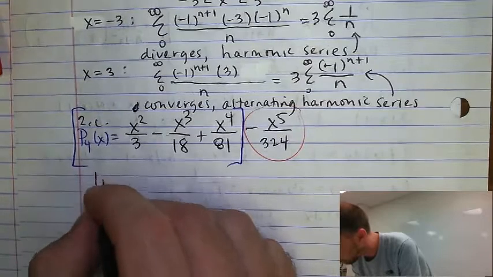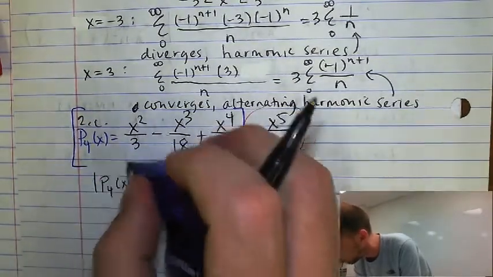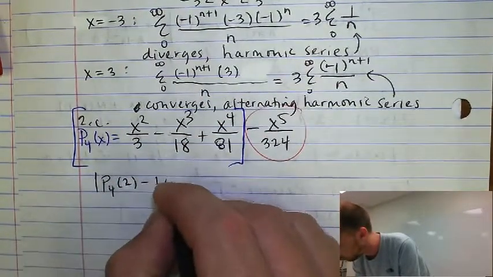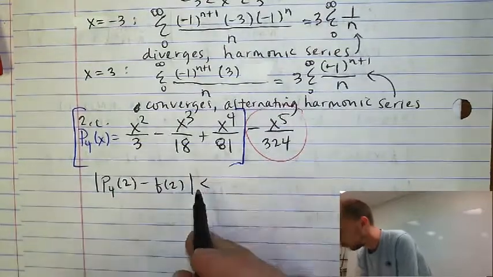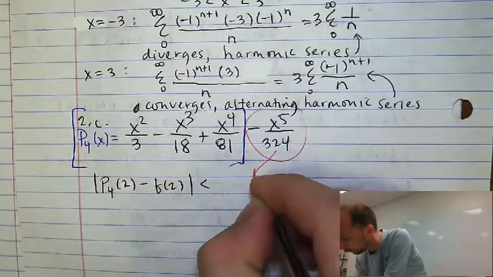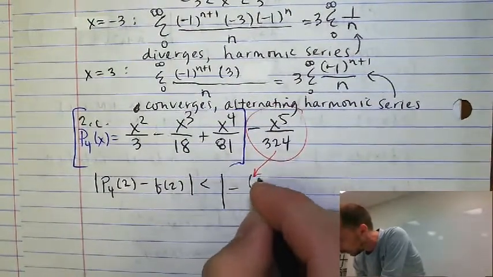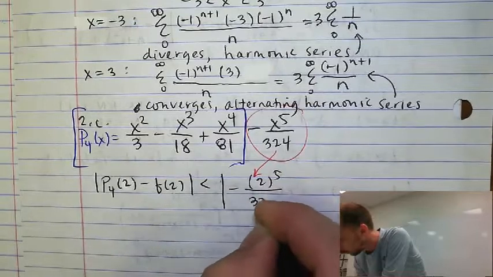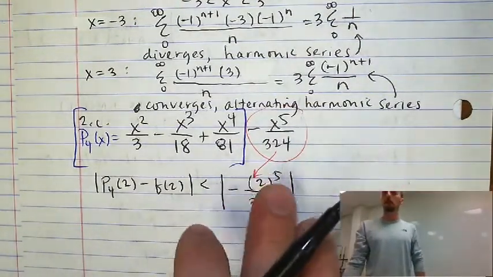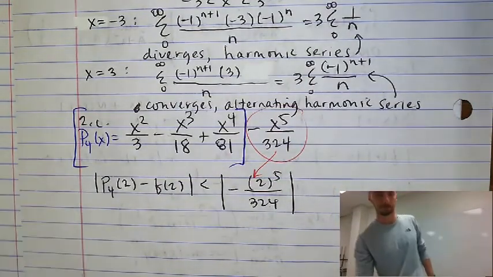So the maximum possible value of the difference between P4 of 2 and f of 2, well, an upper bound for it would be the absolute value of the next term, just with 2 plugged in. Negative 2 to the 5 over 324. And then we can just stop there. That's a number, right? We don't have to take that any farther. Okay, and that's number 2.